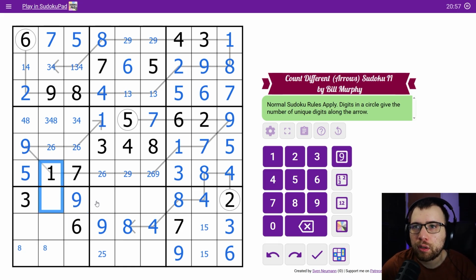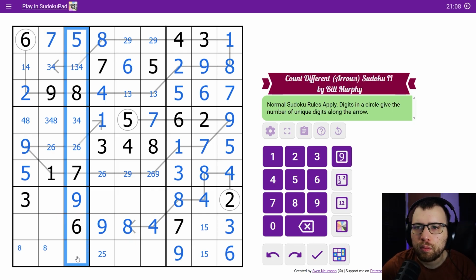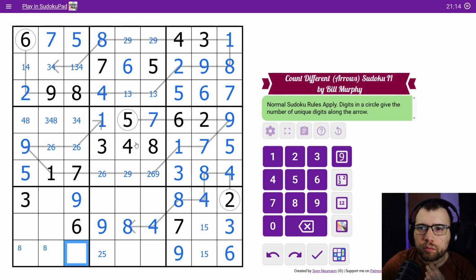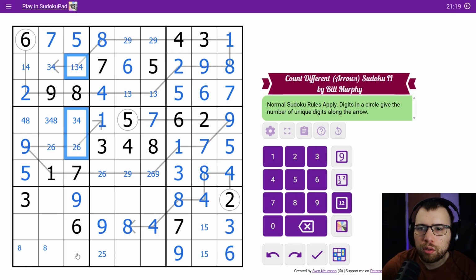See, 1 doesn't go here. I was gonna say, okay, we look at... Oh, maybe I gotta look at this row, actually, or this column. The 1 can still go down here is the thing. So we have 3, 4, 1, 3, 4, 2, 6.